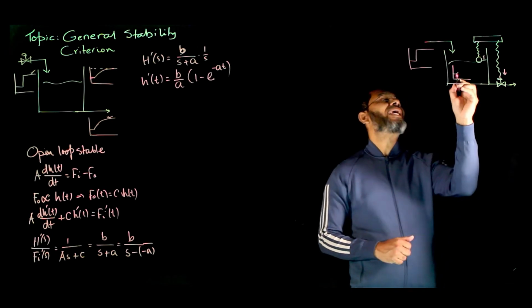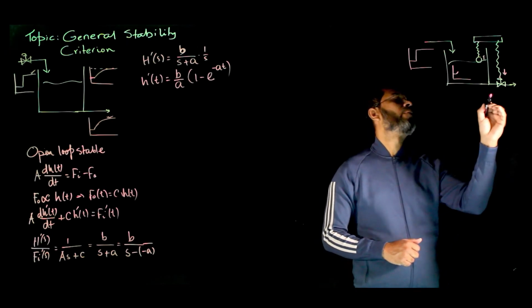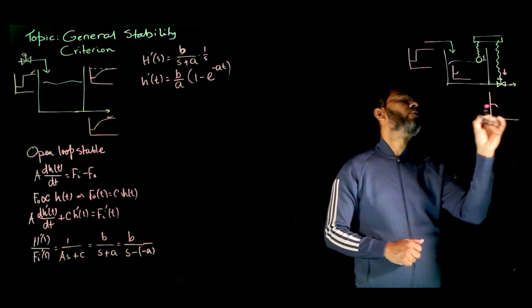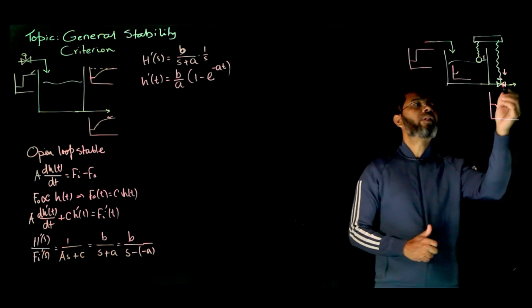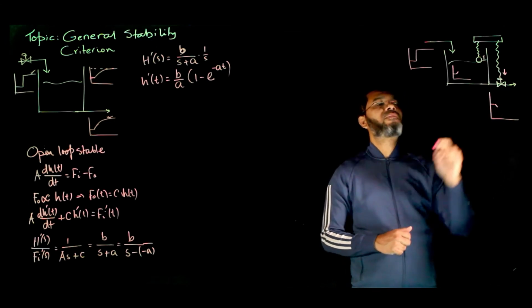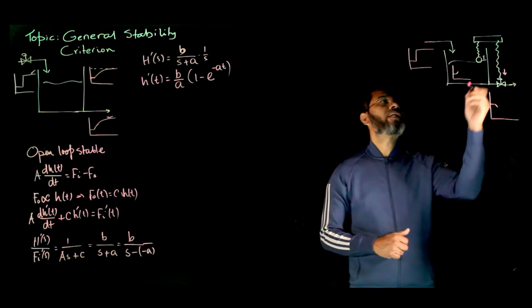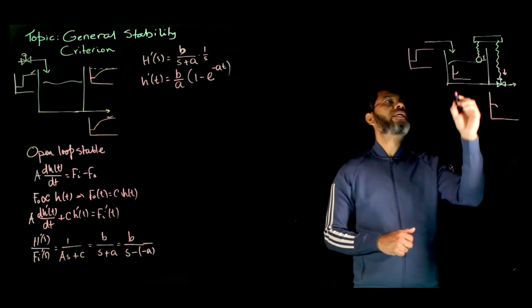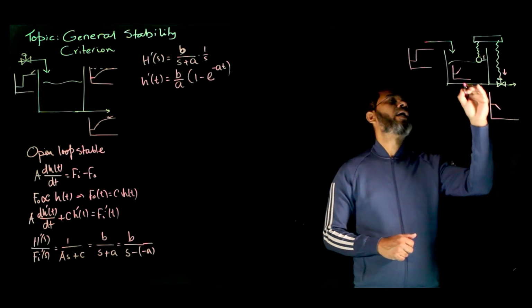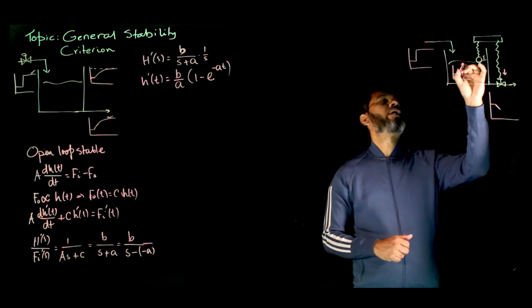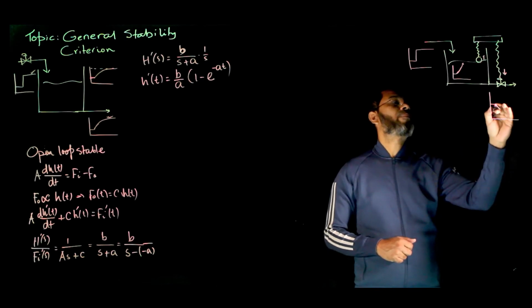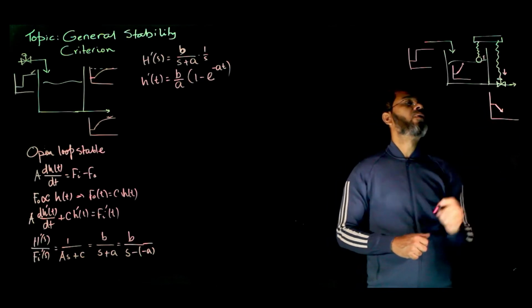So when the level starts to go up, we see that this valve will start to go down. And when this goes down, the level further increases because the outlet flow is now decreasing. So it keeps on increasing, and this keeps on decreasing, and you see that okay, if the tank doesn't have a limit, the level will continue to go up and the outlet will continue to go down.